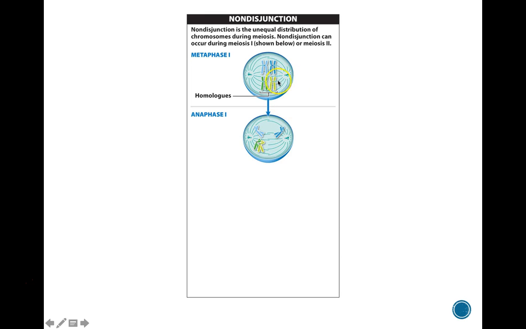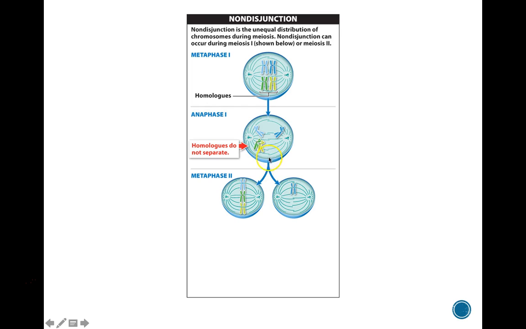Now, this often occurs because that spindle attachment is not actually correct. Either it never attaches or it doesn't attach correctly. And because these guys are held together by their chiasmata, all 4 of those pieces of DNA are pulled that way. So both chromosomes go towards one side of the cell, as opposed to each chromosome being separated.